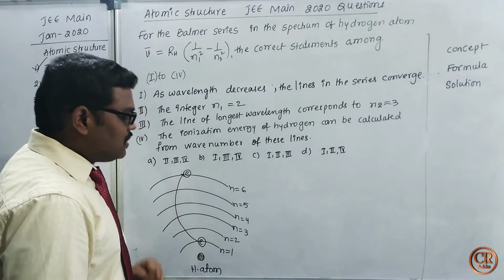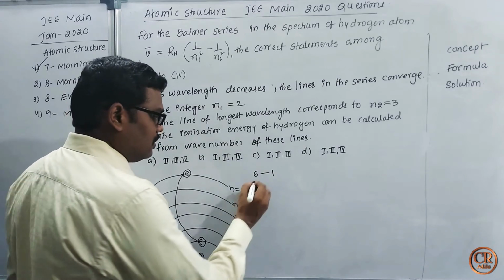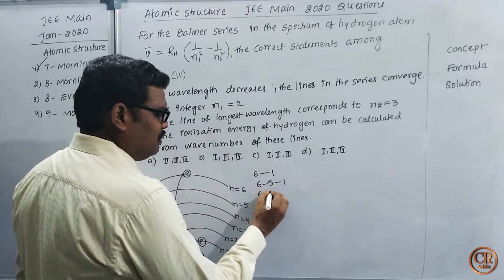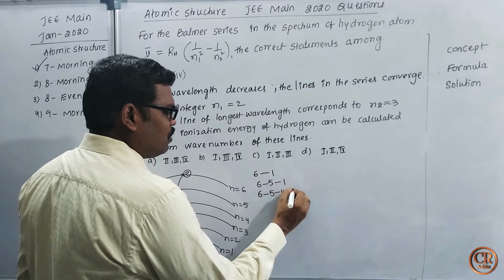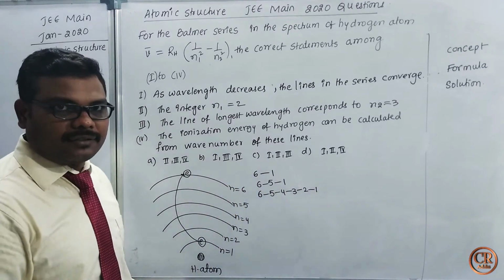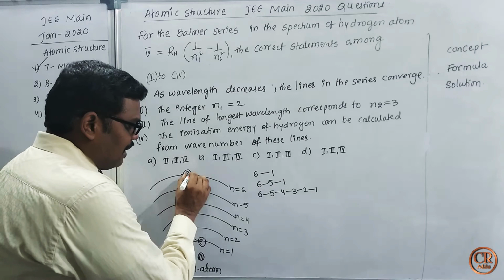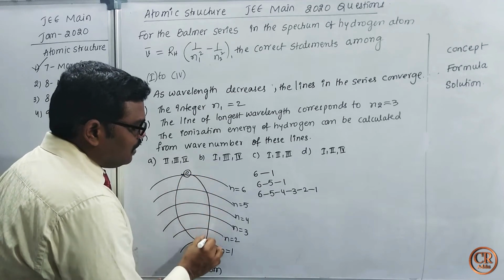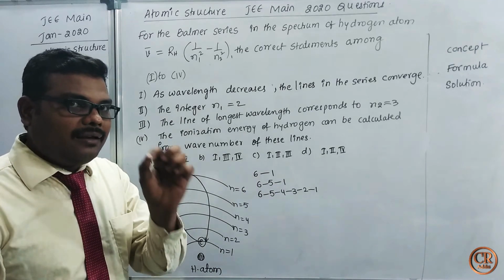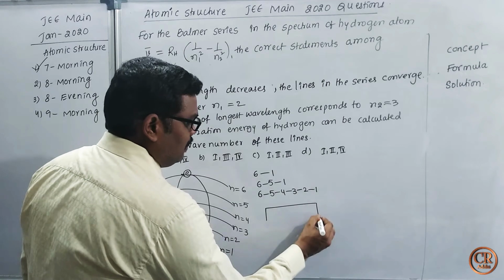It may come to the ground state directly from 6 to 1, or 6 to 5 to 1, or 6 to 5, 5 to 4, 4 to 3, 3 to 2, 2 to 1. There are so many possibilities. Each transition gives one line in the hydrogen spectrum.